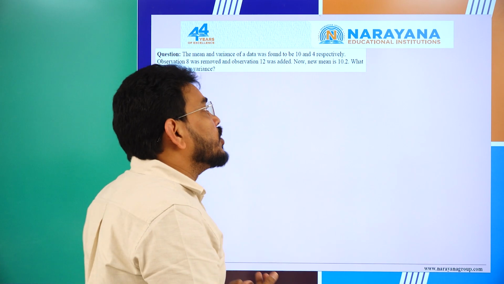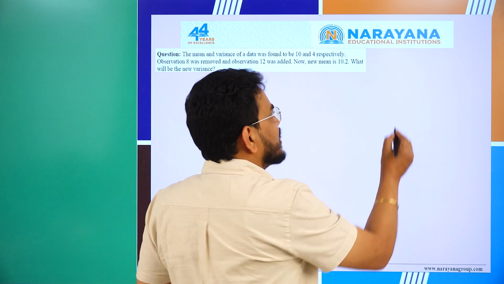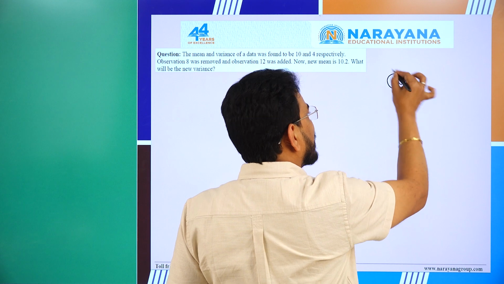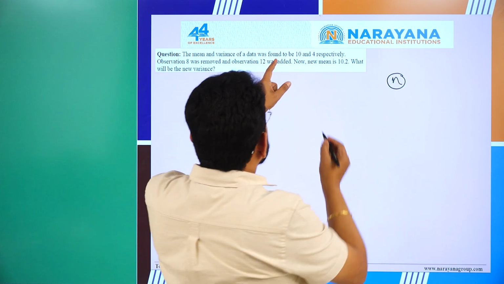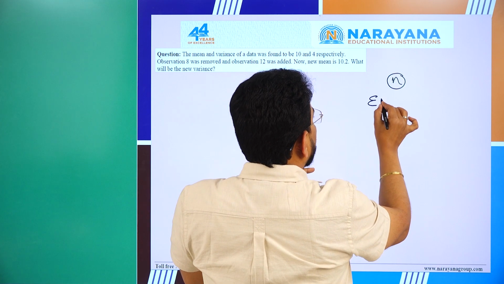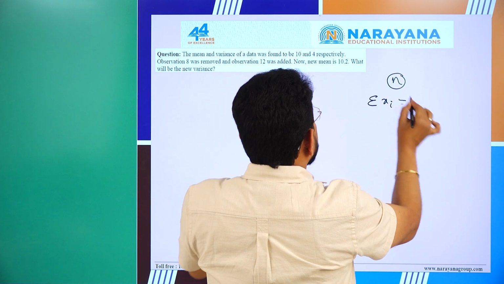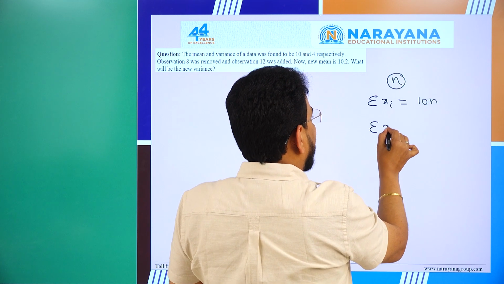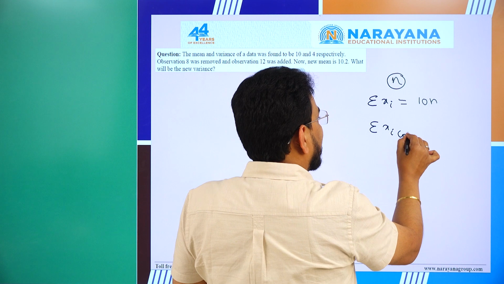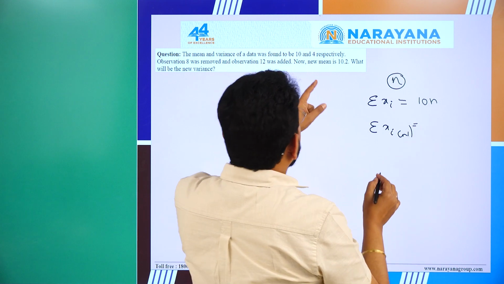So they didn't talk about the number of terms. So let me assume that number of terms is equal to n. If n is the number of terms, so as per sum of the numbers, sigma xi original is equal to 10 into n, 10n, and sigma xi new one will be equal to, what is this one?